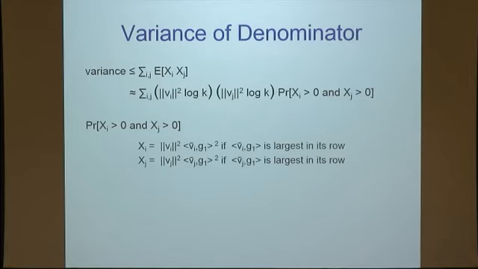Recall that xi was this random variable if the projection on G1 was the largest in that row, similarly xj. I'll show you that the probability that both of them are non-zero can be upper bounded by the inner product of vi tilde and vj tilde, whole square, divided by k, plus 1 over k square.